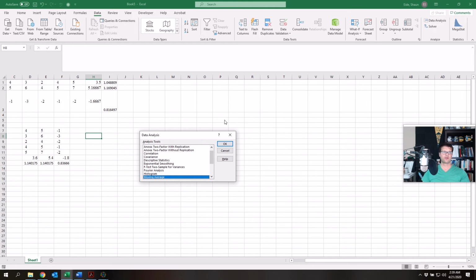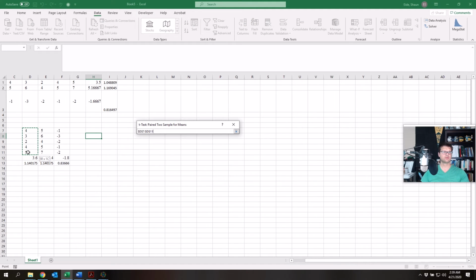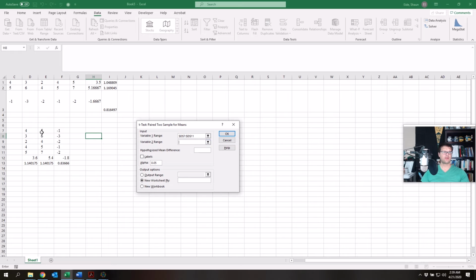Okay, and then I'm going to come down here, and it says t-test: paired two samples for means. Okay, so this is what I want, t-test for paired samples. I've got variable range 1, and then range 2, and then the hypothesized mean difference.